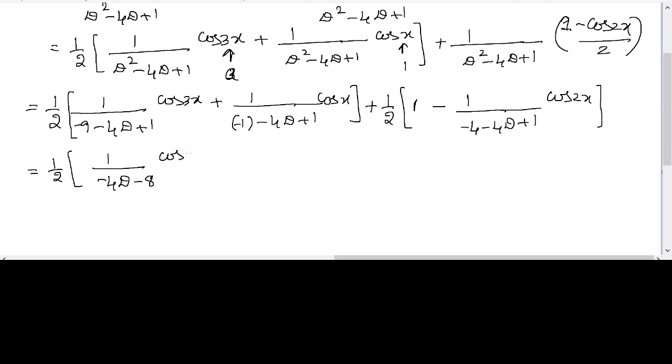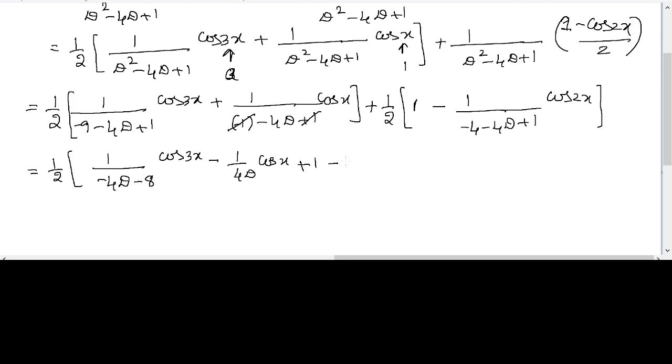minus 4d minus 8 of cos 3x. And then here minus 1 plus 1 you can cancel, and the remaining thing is minus 1 by 4d of cos x. And here also 1 by 2 is there, so we can take completely common, and we write here plus 1, minus, and here this becomes minus 4d minus 3.